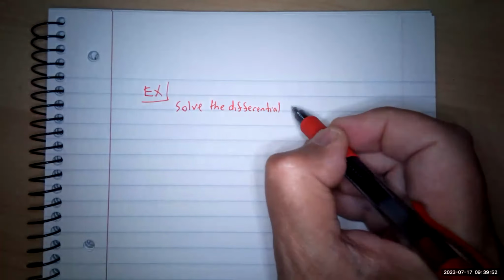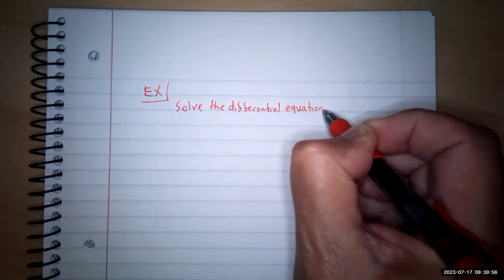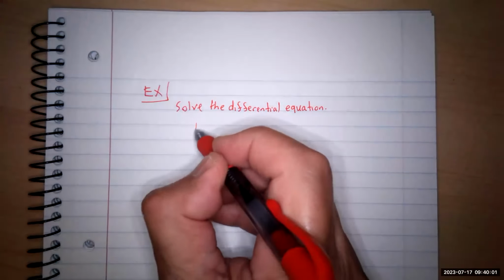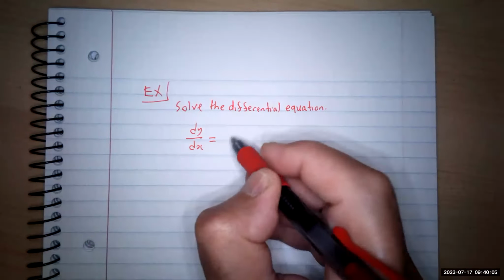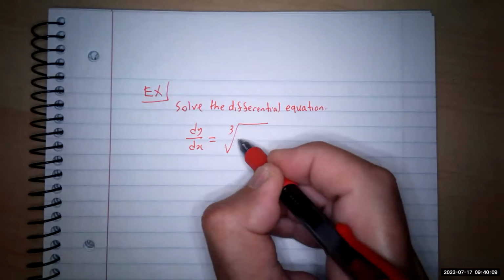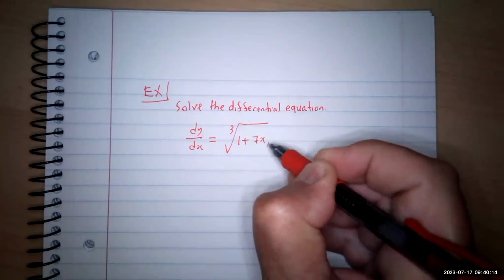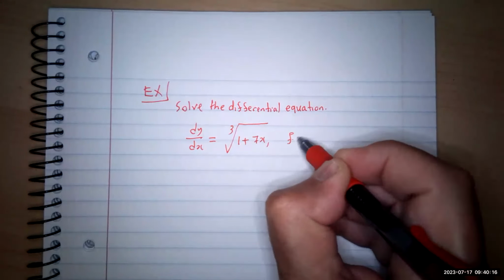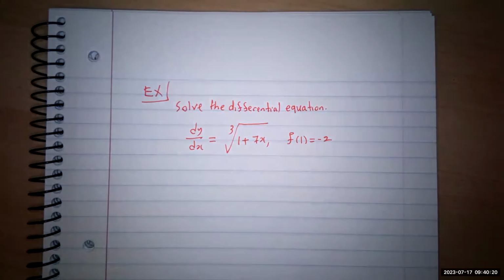Your equation is this one. dy/dx is equal to the cube root of 1 plus 7x, with the condition that f of 1 is equal to negative 2. Of course, we know that this y is equal to f of x.